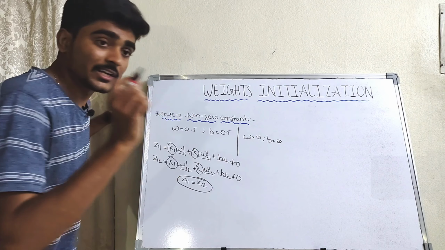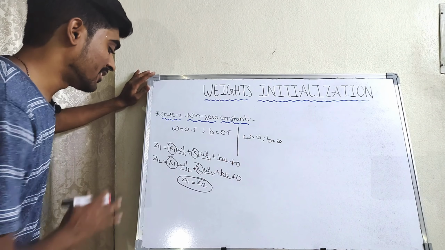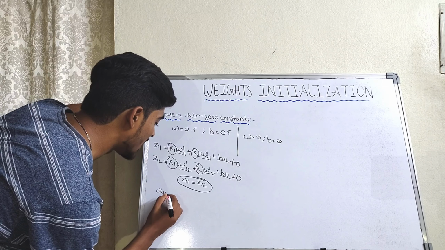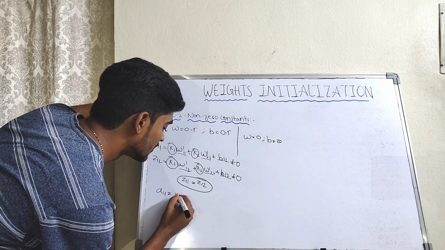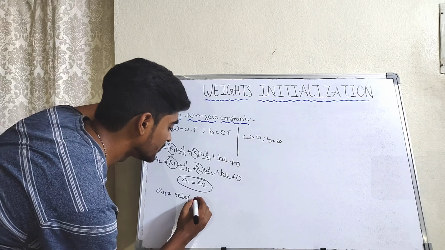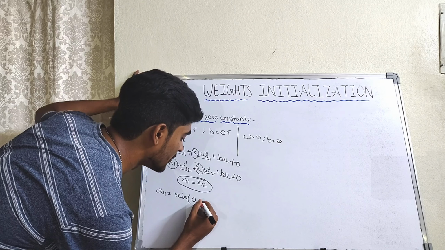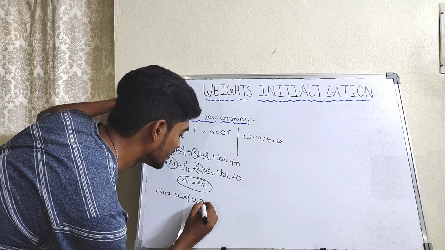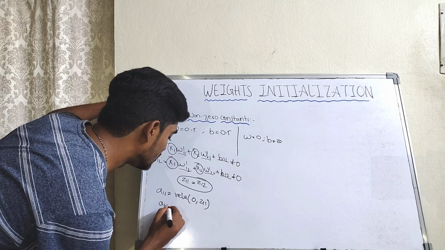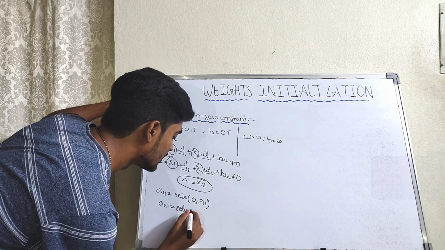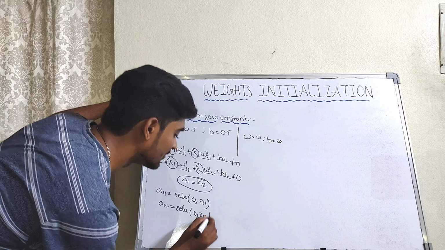Now let us consider the relu activation function. a11 is equal to relu of 0 comma z11, and a12 is equal to relu of 0 comma z12.